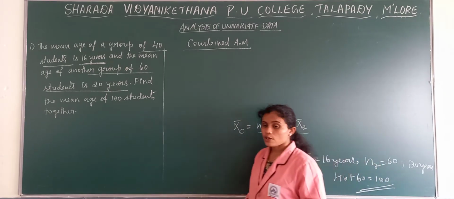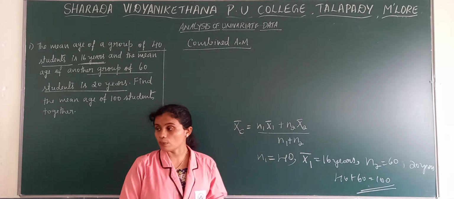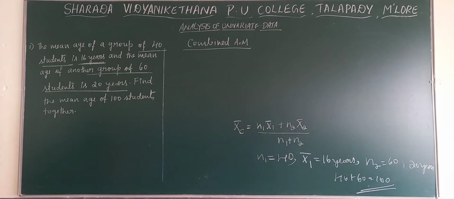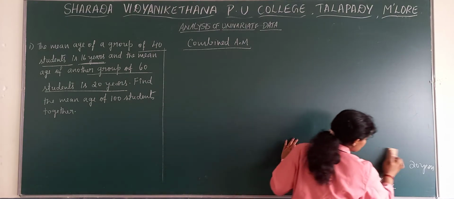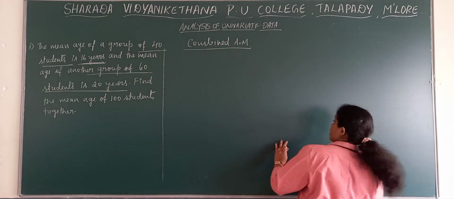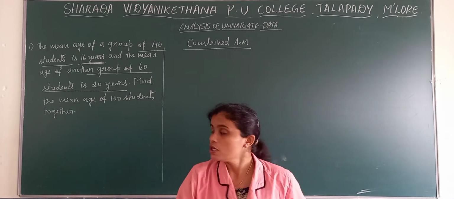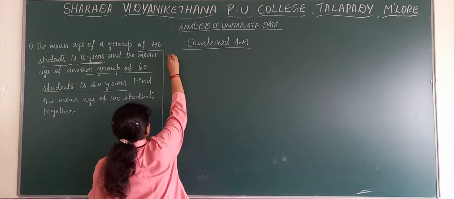Now we will move to the problem. How to solve the problem? Firstly, we need to write the given values. Which values are given in the problem? So write the solution there.